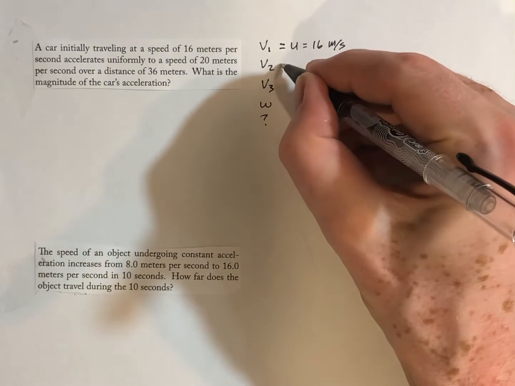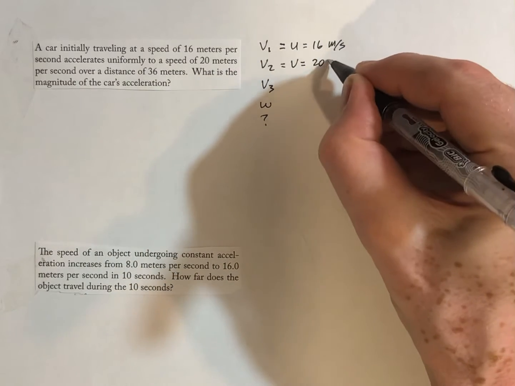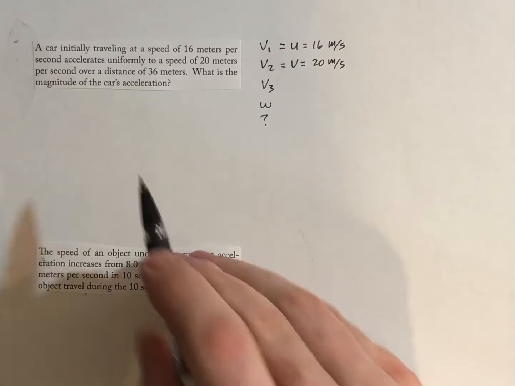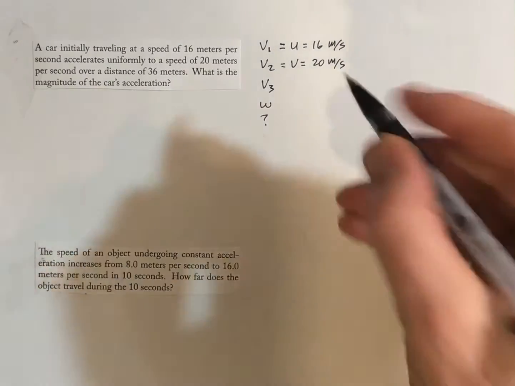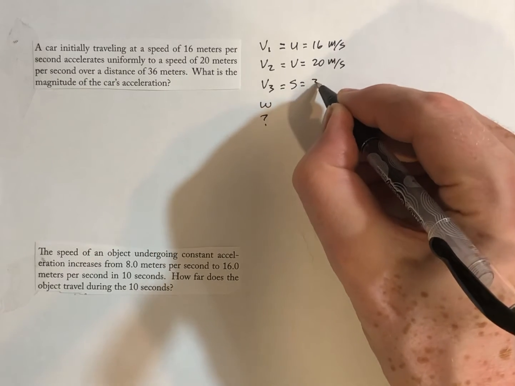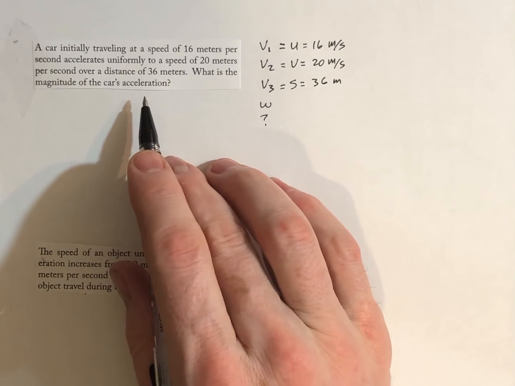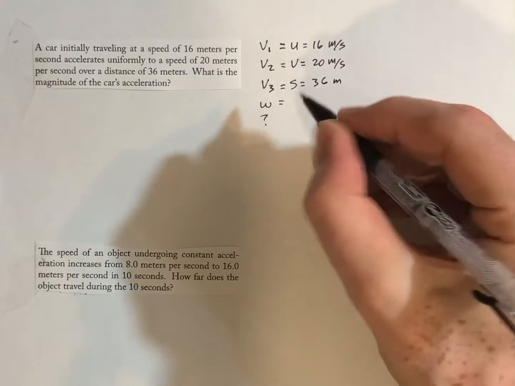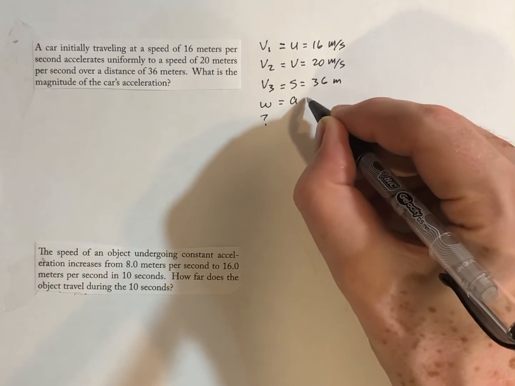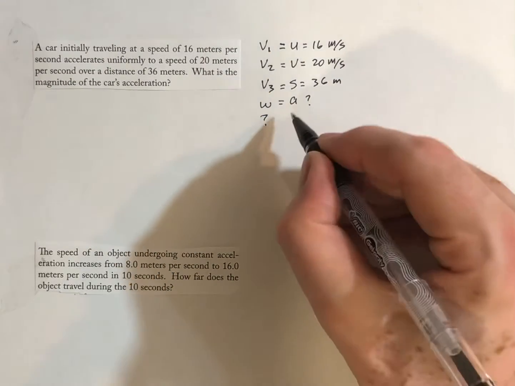So that is my V, my final velocity, which is 20 meters per second, over a distance of 36 meters. So that is S for distance, and it is 36 meters. What is the magnitude of the car's acceleration? In this case, I'm being asked for acceleration, and that's my question mark. Okay, what am I missing though? What I'm missing is time.